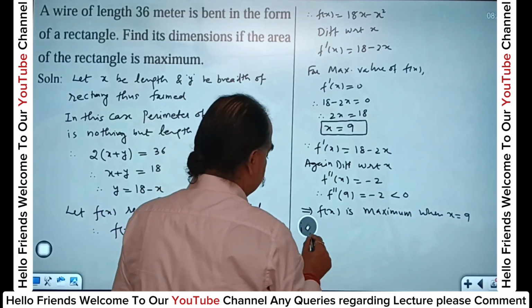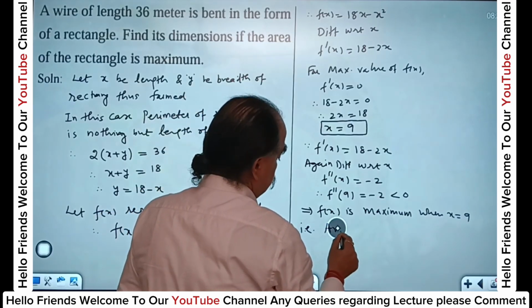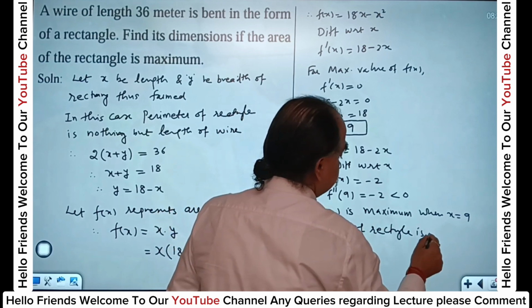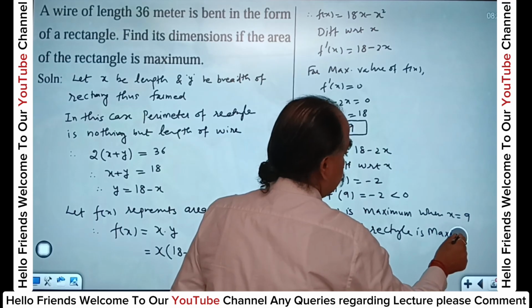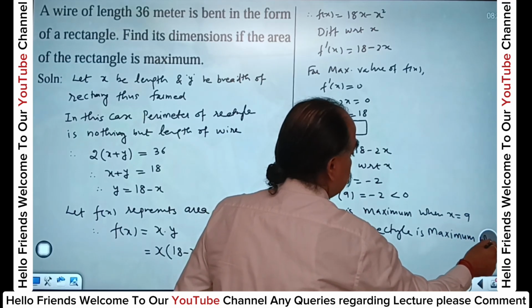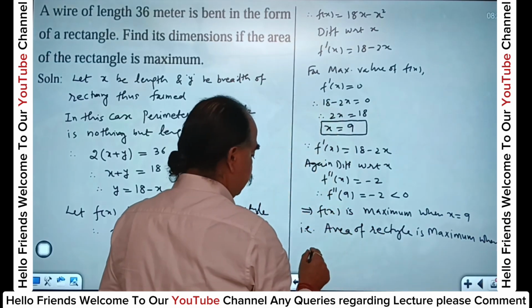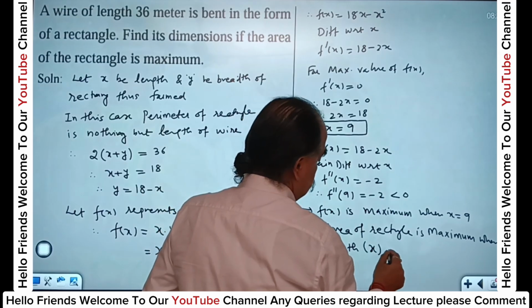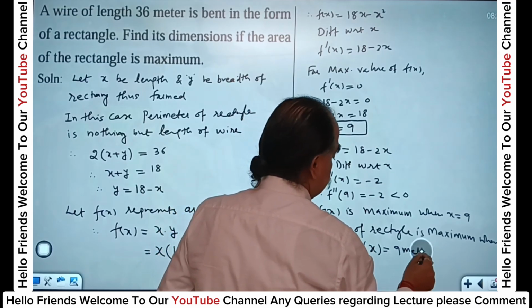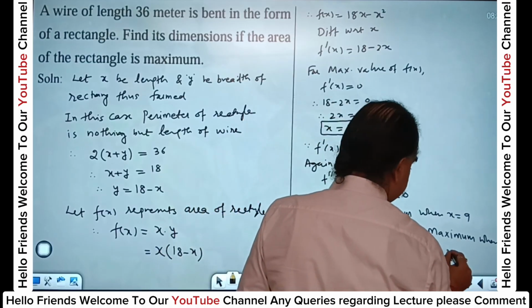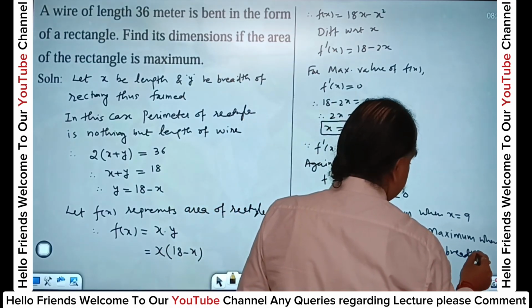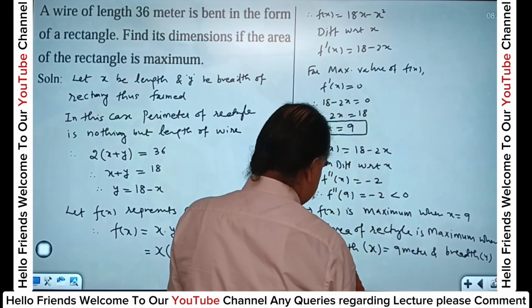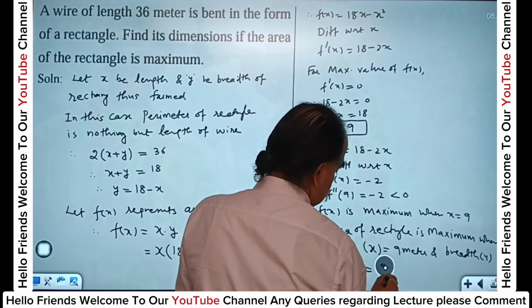That is, area of rectangle is maximum when its length is what? 9 meter and breadth y is equal to 18 minus 9, is equal to 9 meter.